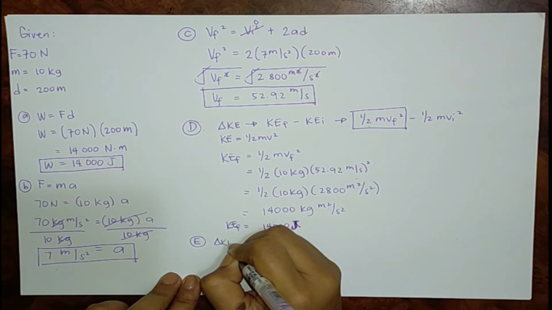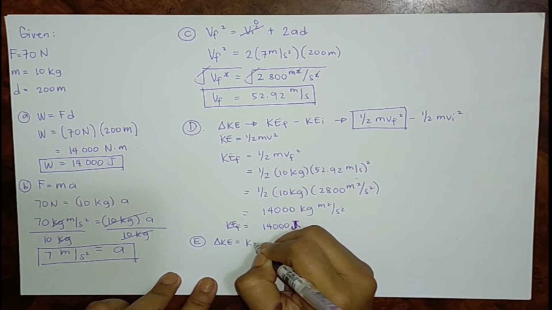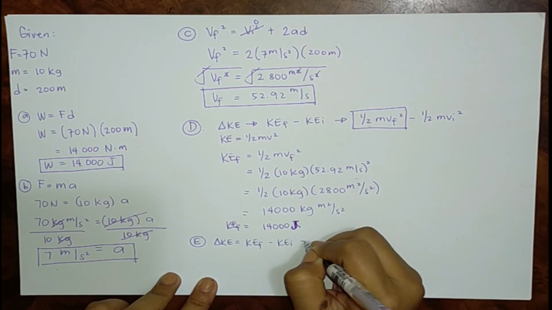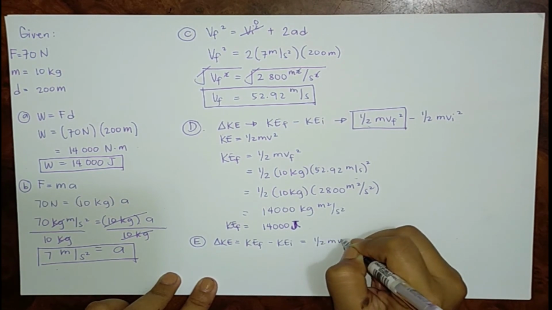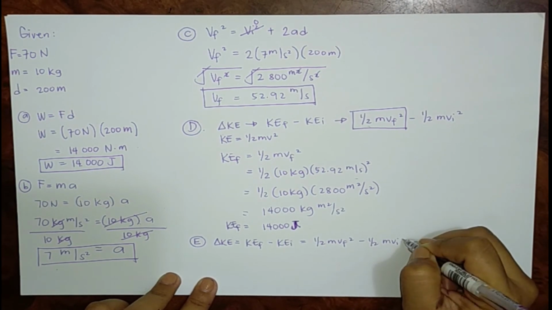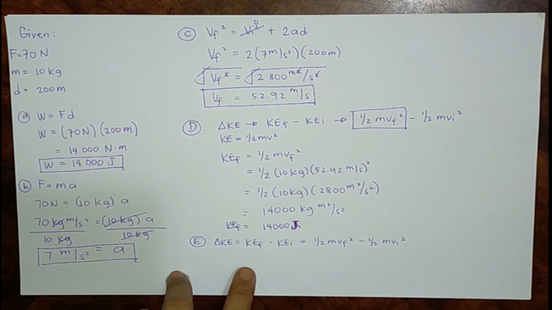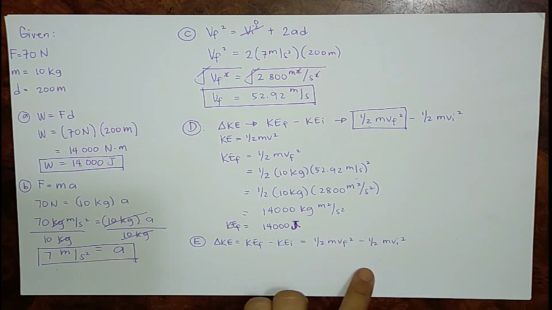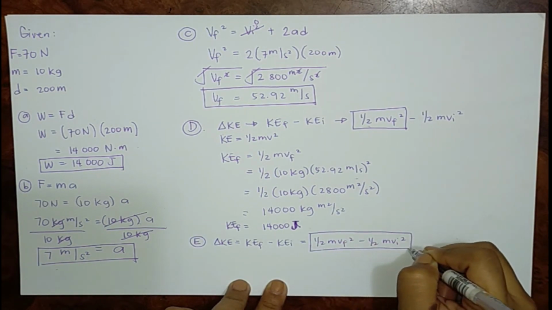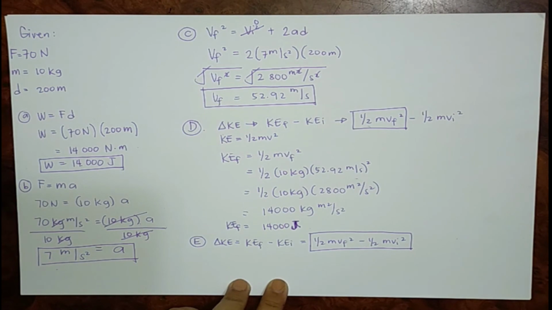Delta KE is equal to KE final minus KE initial, or equal to 1/2 mvf squared minus 1/2 mvi squared. Take note that before the block moves, it is from rest.